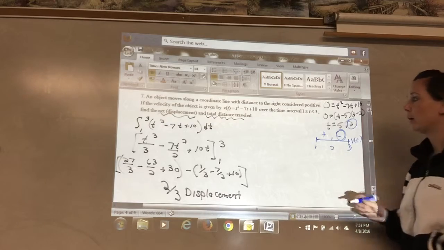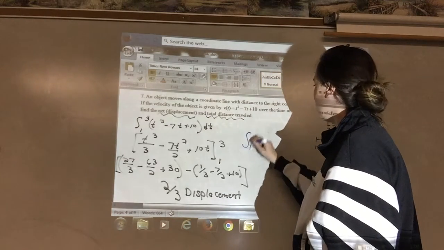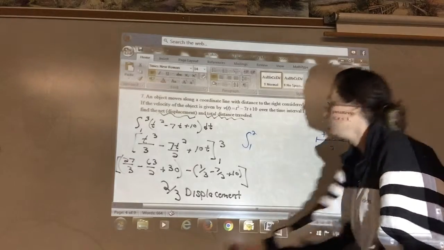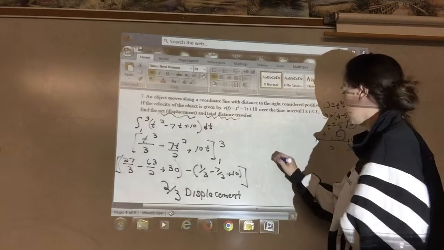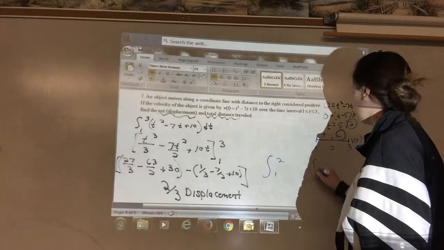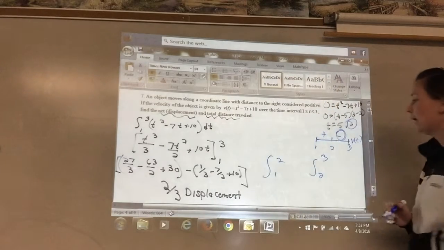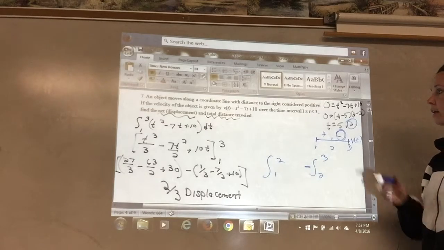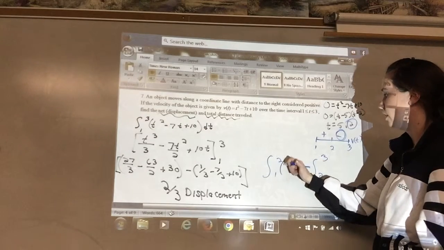So we have to separate our integral. So we'll go from 1 to 2. We'll do another integral from 2 to 3. I'm going to slide this down. Okay, and since this is the negative, I know I need to put a negative here, and then I'll put my velocity function here.